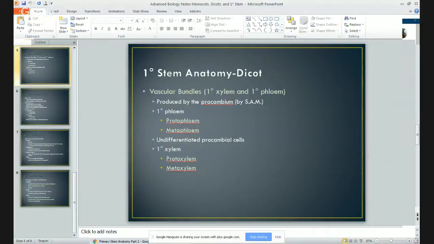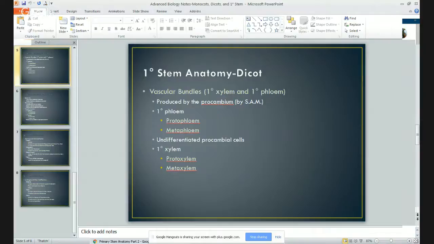If you then look down below, you've got a larger blown up portion of your vascular bundle. I've drawn the two orientations there.